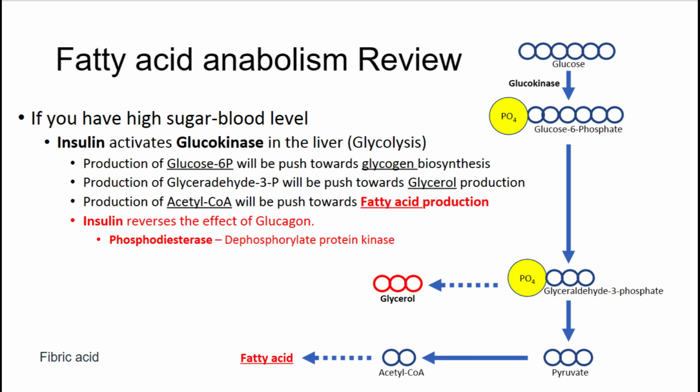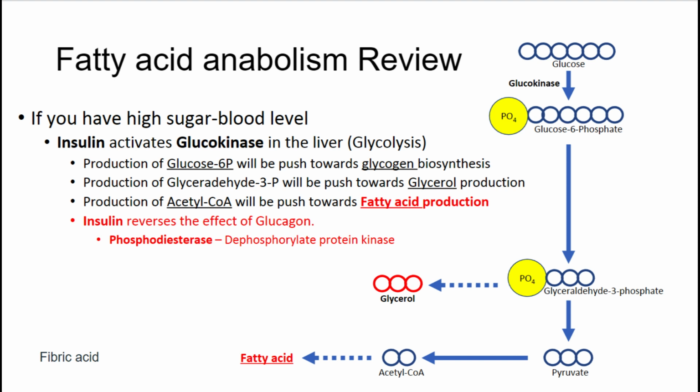Now to further enhance that idea, insulin actually activates a protein called phosphodiesterase. That's a new enzyme I want you guys to know as well. The main function of phosphodiesterase is to remove phosphate from your enzyme. So, in other words, protein kinase, which is activated by glucagon, adds phosphate, right?